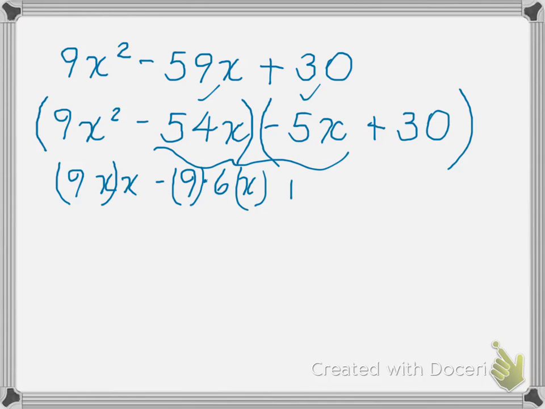And then over here we have minus 1 times 5 times x, and we have a 6 times 5. Okay, so you see here that the common factor is 5.